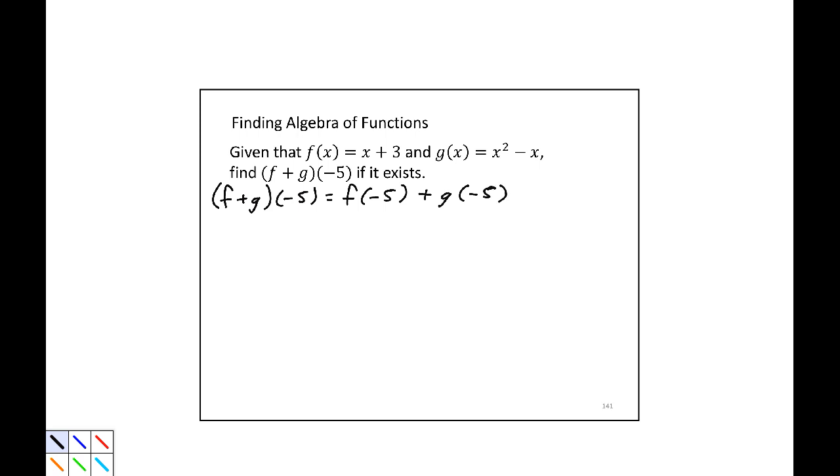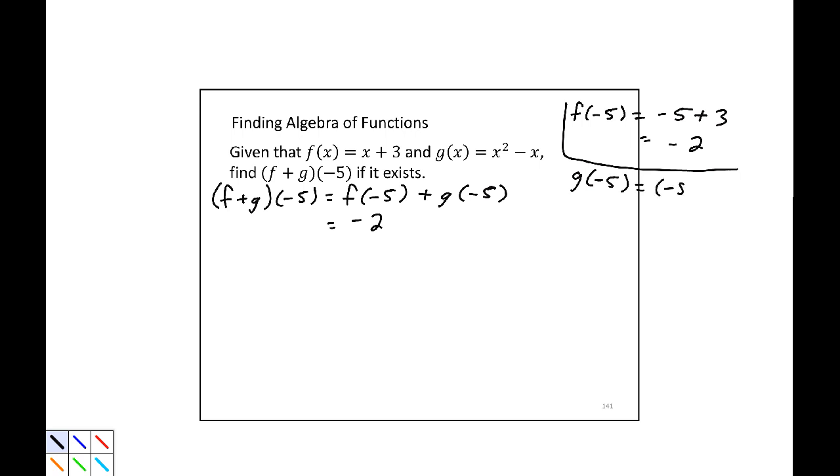Now on the side, I would like to figure out what f(-5) is. Well, because our function f(x) is x + 3, that would be -5 + 3, or -2. So I'm going to replace f(-5) with -2. That is one side note. Our next side note is g(-5).